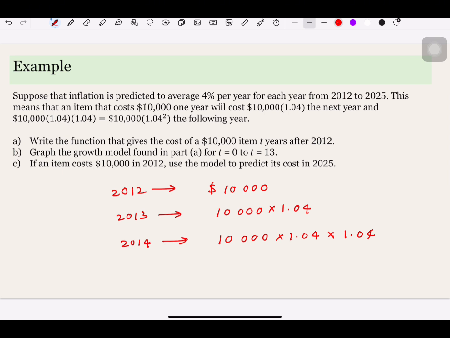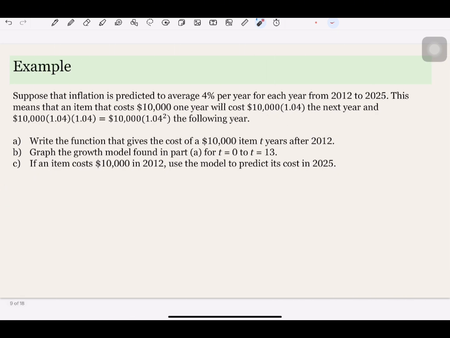Let's answer the first part of this problem. You're asked to write a function that gives the cost of a $10,000 item t years after 2012. You can write the exponential growth model as C(t). This notation represents the cost of the item after t years.